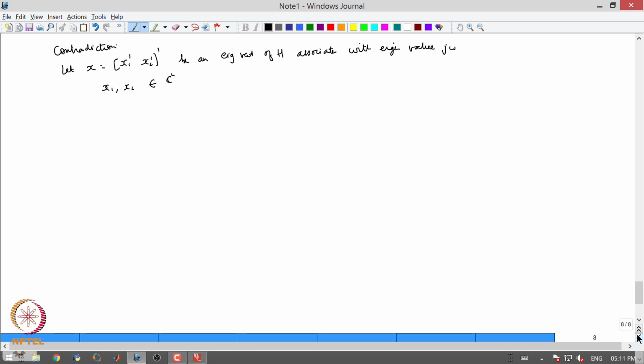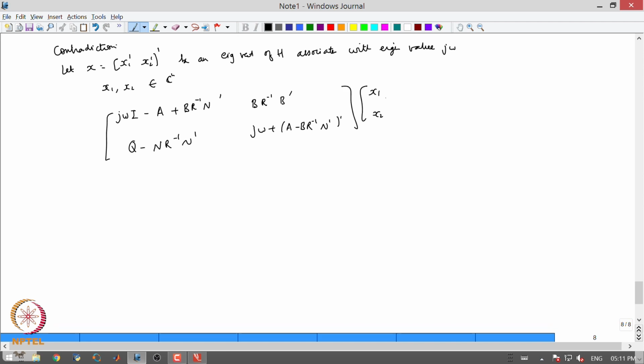Okay, this means that if I go back to my Hamiltonian matrix, j omega I minus the matrix [A minus B R inverse n transpose, minus B R inverse B transpose; minus Q plus n R inverse n transpose, minus (A minus B R inverse n transpose) transpose], applied to [x1; x2], is actually equal to 0.